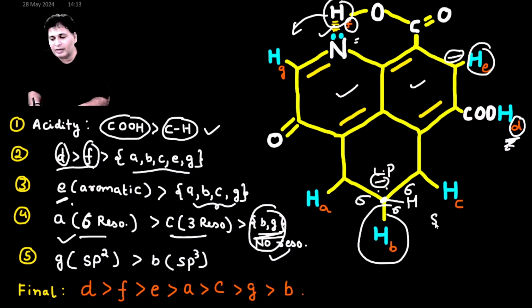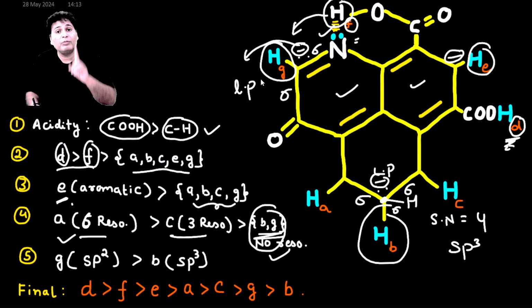So the steric number is the sum of the sigma bonds and lone pair, you will find it as 4. So the hybridization will be sp3. However, if you are going to remove this hydrogen, the minus charge comes, and now here 1 sigma, 2 sigma, and this is a lone pair. So the sum of sigma bonds plus lone pair is 3, hybridization will be sp2.